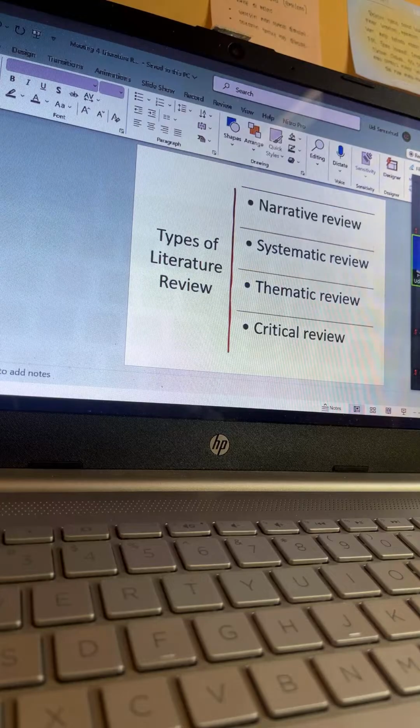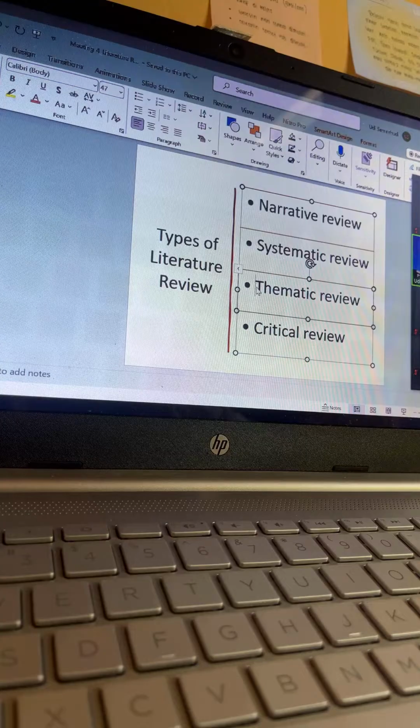And if you go back again to the journal that you've downloaded, there are types of literature review. Okay, there are ways to organize a literature review. But what is common is this one, systematic and thematic review. But if you ask me which one is easier for you to follow, I think the thematic review is highly recommended.